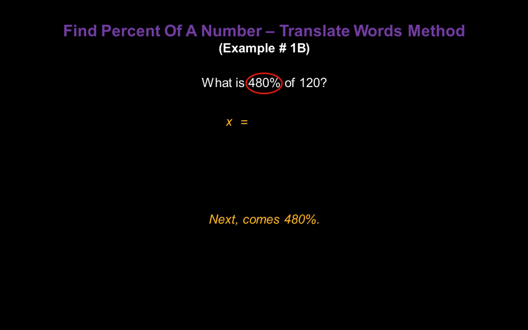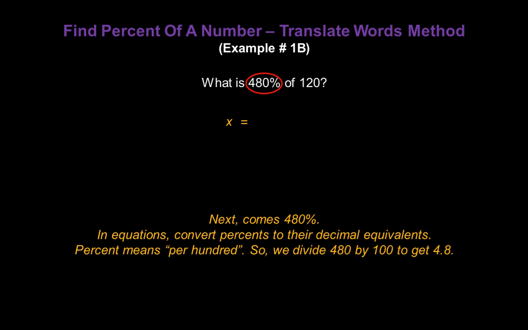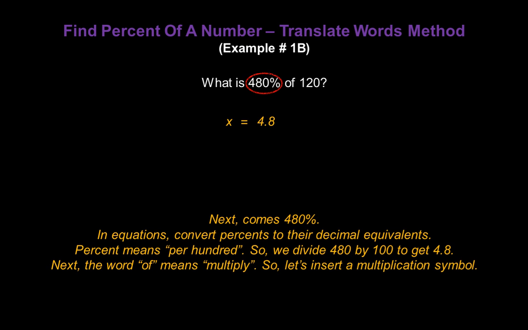Next comes 480%. Again, in equations, we want to convert percentages to their decimal equivalents. Since percent means per hundred, we're going to divide 480 by 100 to get the decimal equivalent of 4.8. Next, the word of means multiply, so let's insert a multiplication symbol.